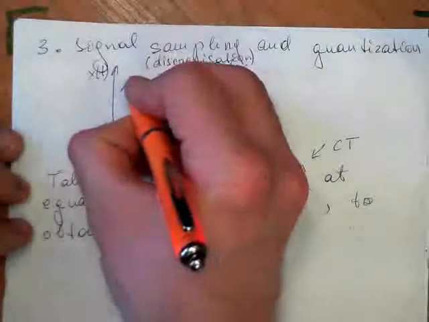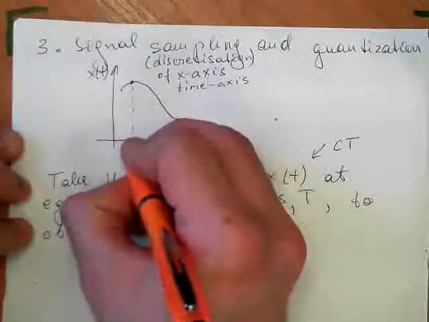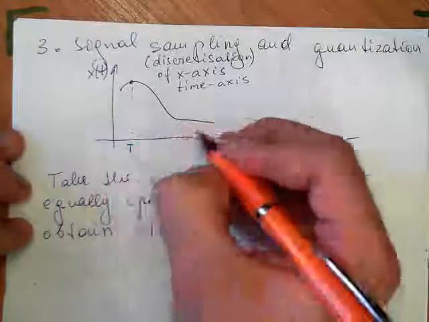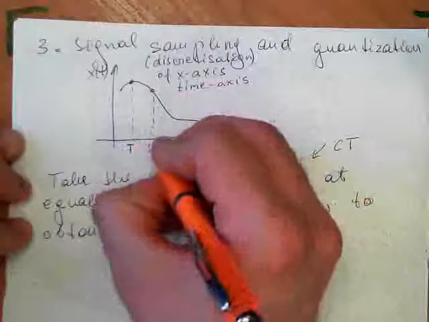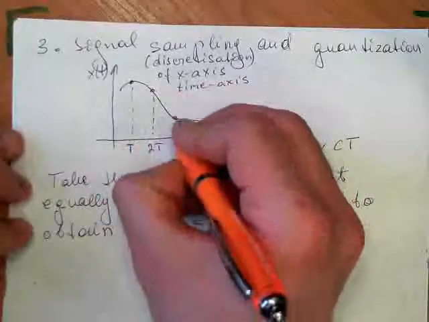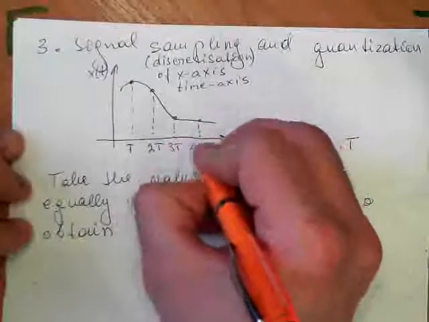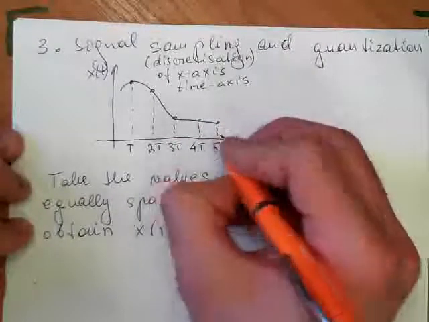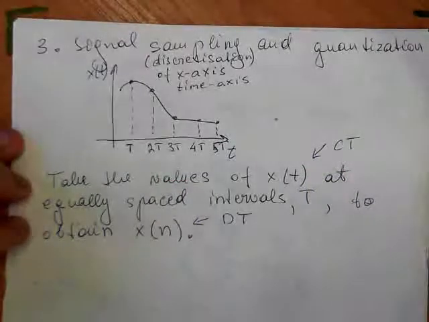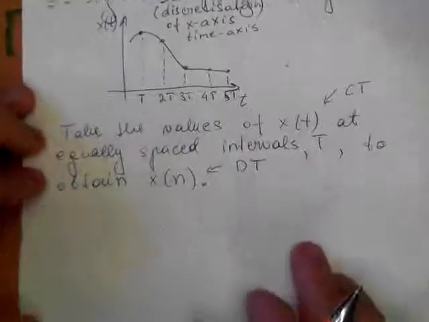So how does it look? You take this value at T. Now you're taking this value at 2T, this value at 3T, this value at 4T, this value at 5T, and so on. What's next?